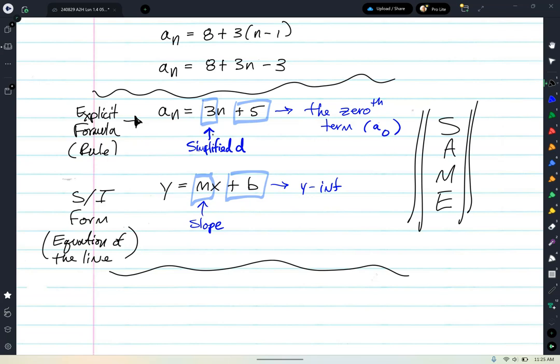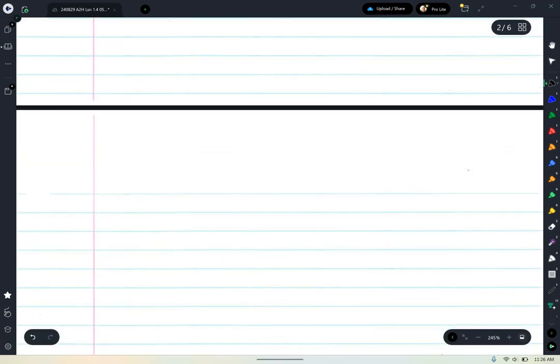So the connection between the explicit rule, arithmetic sequence, line, Algebra 1, y equals mx plus b, slope formula, it's all the same thing. We're just seeing how this different language comes together. There are ways you've learned to do things in Algebra 1, but I'm going to push your thinking a little bit in terms of how we can come up with other pieces of information by using our sequences. Everybody's good here? All right, let's go to the back side of our paper.